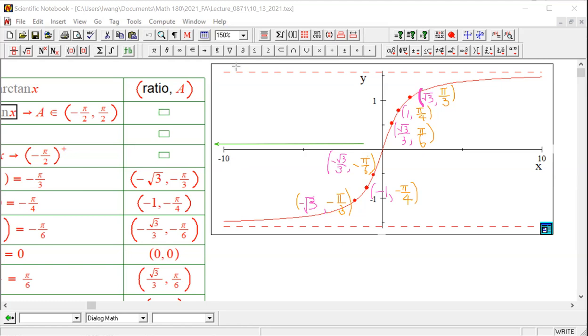The arctangent curve will get to negative pi/2, from larger than negative pi/2, as close as possible. You guys see that? Getting infinitely close to negative pi/2 from larger than negative pi/2.